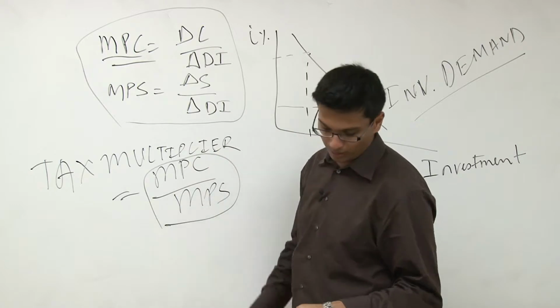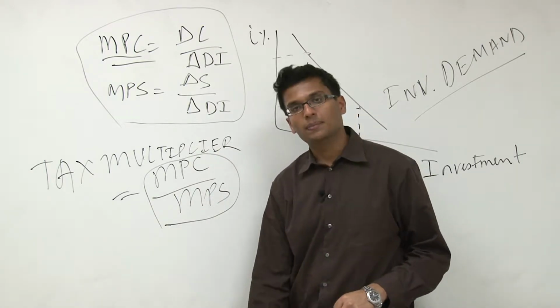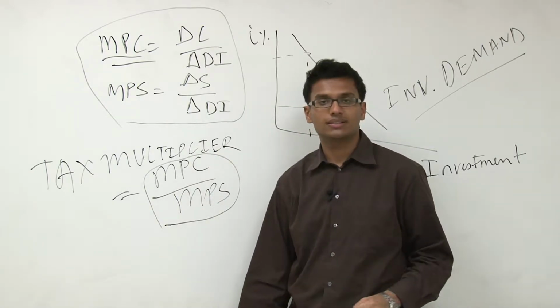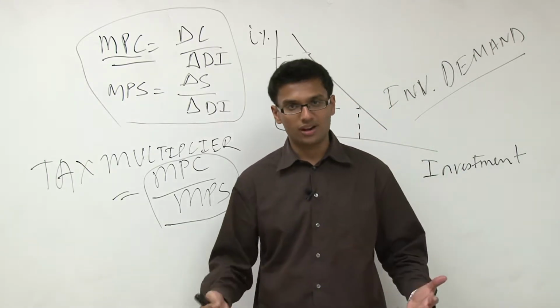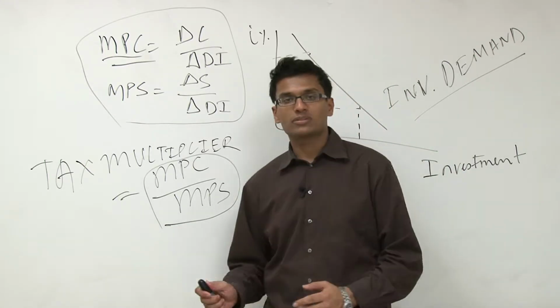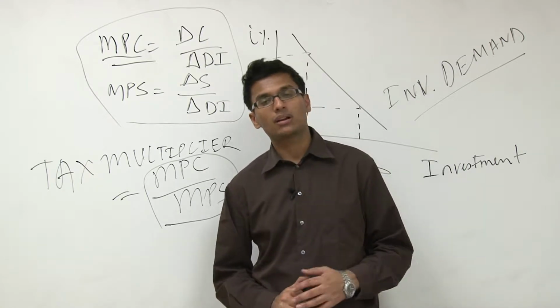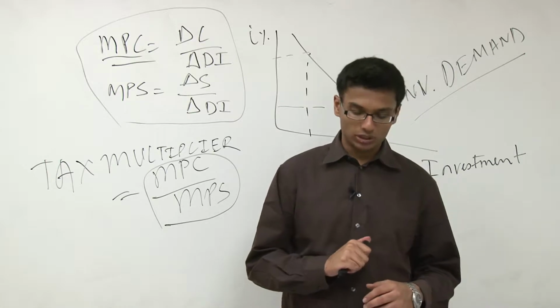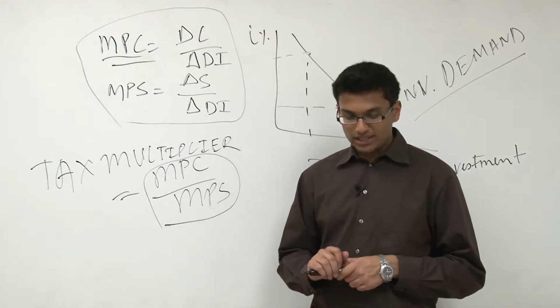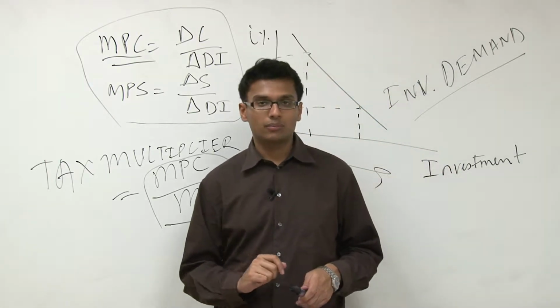All right, pretty important. Write it down. You're going to see this in the test. I guarantee it. It's going to come up, and if you don't know it, you sit there and you're like, why did I not know this? So please go ahead and remember that it's MPC over MPS for the tax multiplier, and it's 1 over MPS for the government spending multiplier.